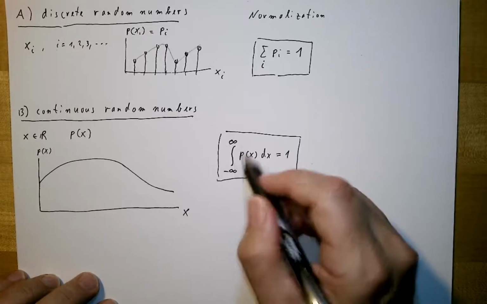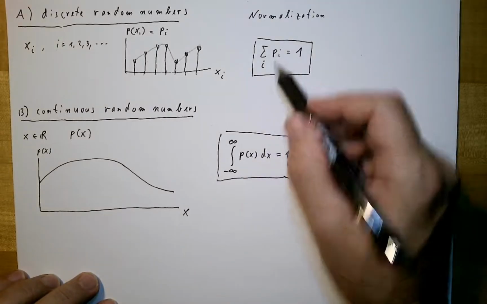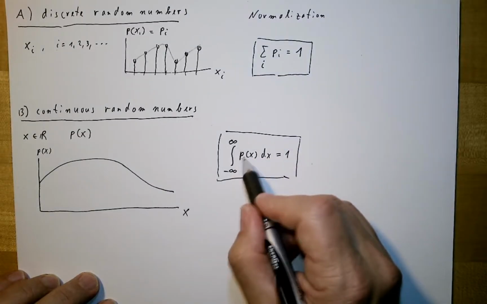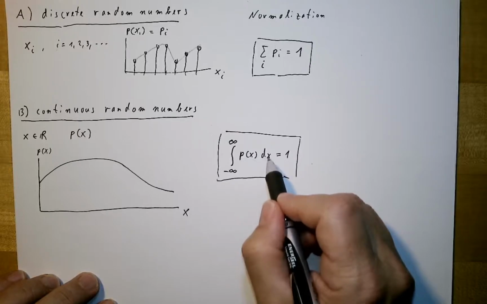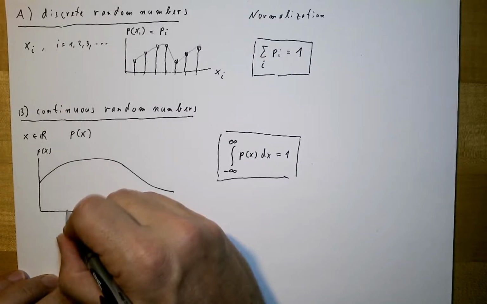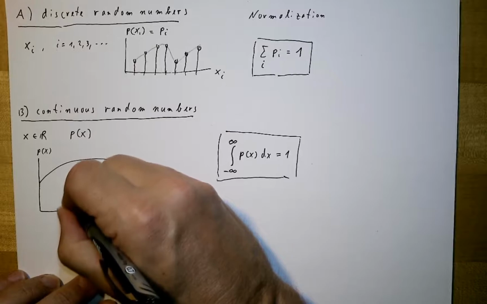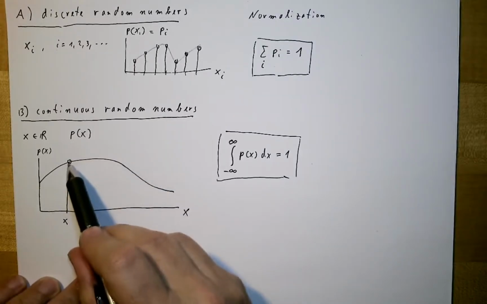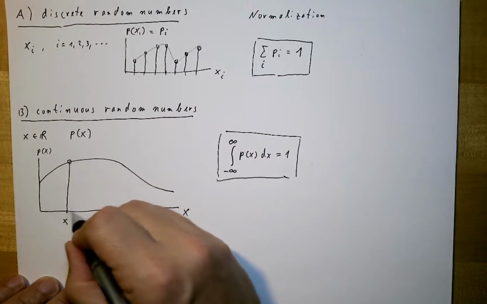But you see, here we sum probabilities, and in the integral we also sum probabilities, but the probability is not p of x, but p of x times dx. So what does this mean? If we have a certain value x here, and we look at this value p of x, then p of x is not directly a probability. In order to get a probability, we need a finite interval.